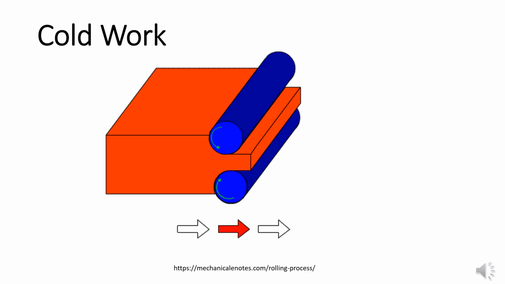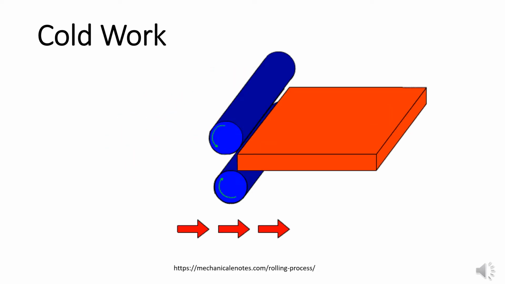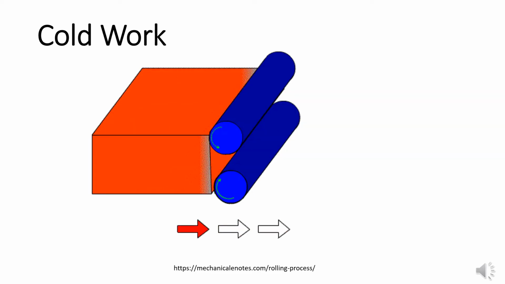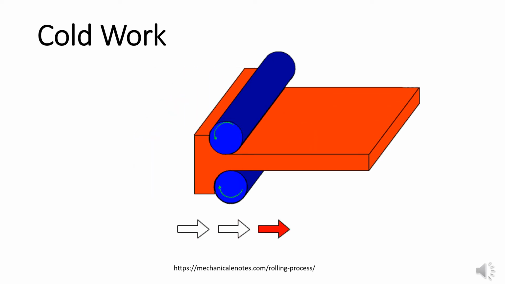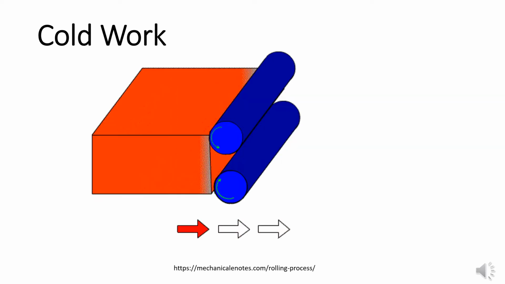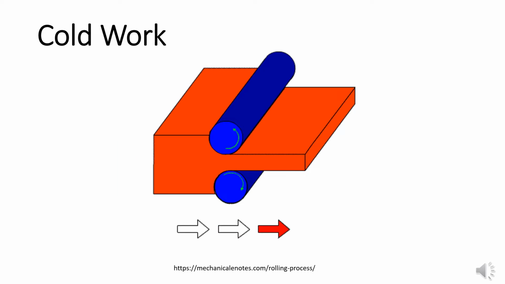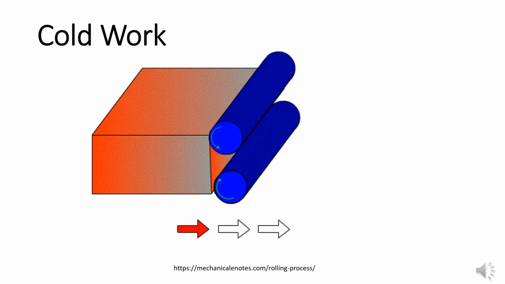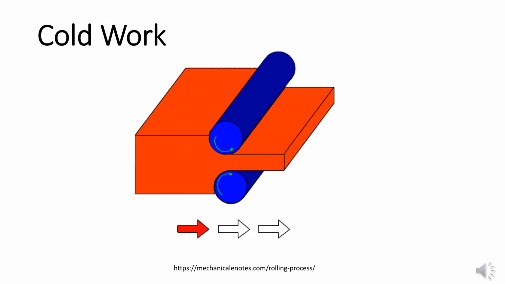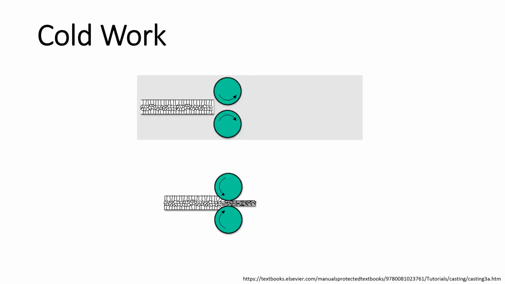Strain hardening is a phenomenon by which a ductile metal becomes harder as it is plastically deformed, as the temperature at which the deformation takes place is cold, related to the melting temperature of the metal. This process is called cold work. This phenomenon can be explained based on the dislocations in the crystallographic structure of the material.